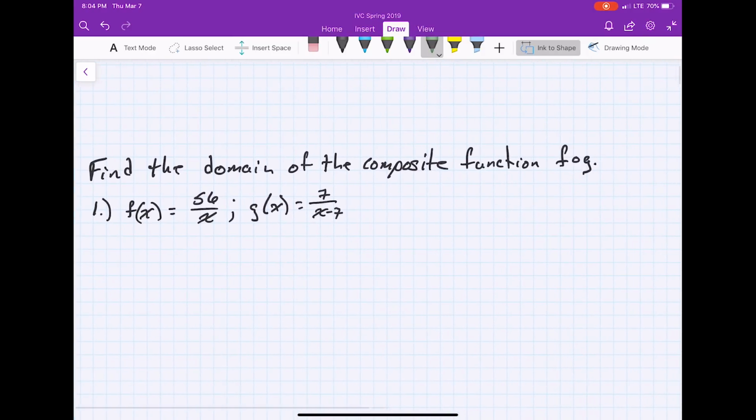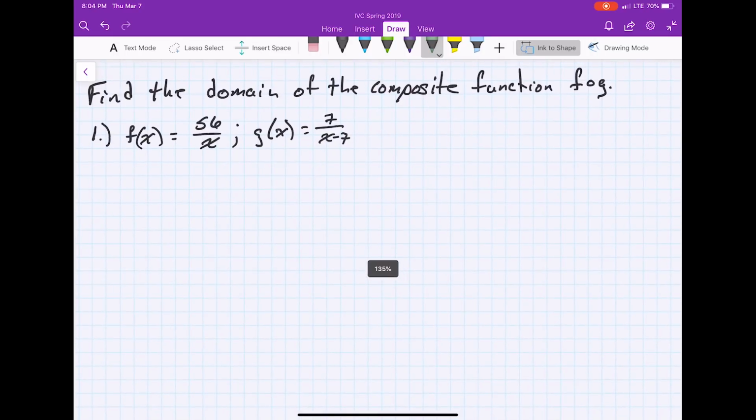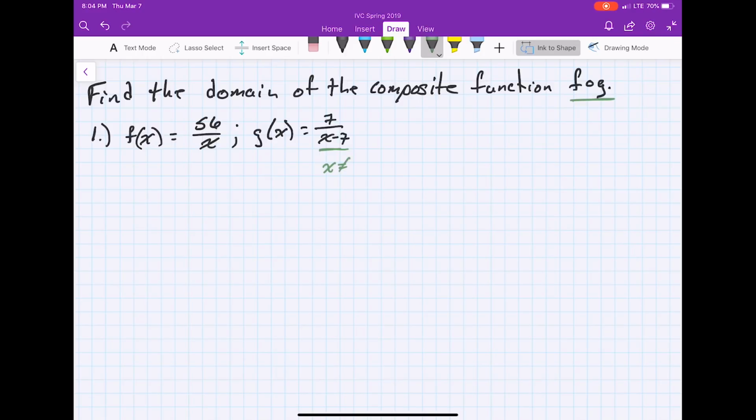Start with number one. Okay, so for number one, we have to find the domain of the composite function f of g. So first we look at the function g, and we see that x cannot equal 7, otherwise that would make that undefined. And since we're putting g inside of f, we see that if x equals 0, that would make that undefined.